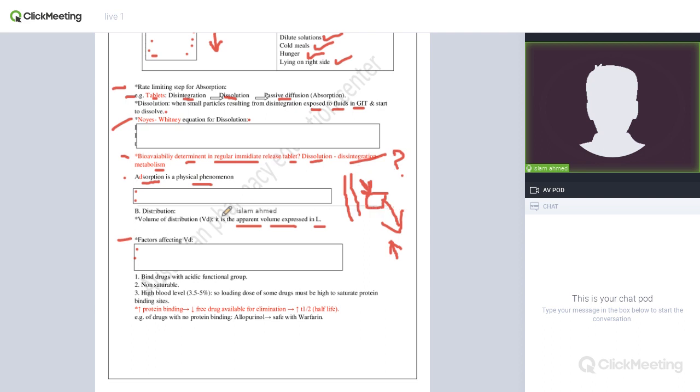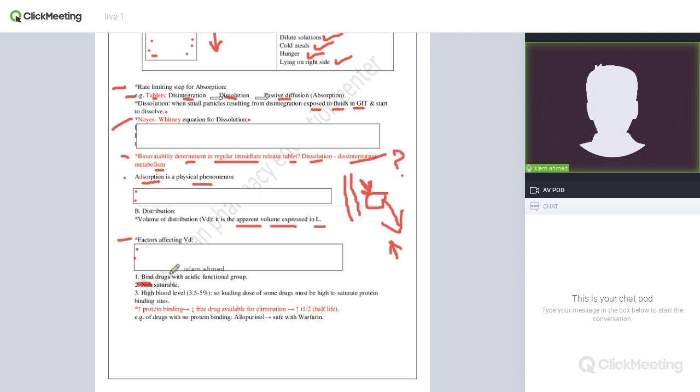Okay, so what are the characteristics of albumin? It binds with acidic functional groups. Mostly the albumin binds with the acidic functional groups. Second thing, it is saturable.